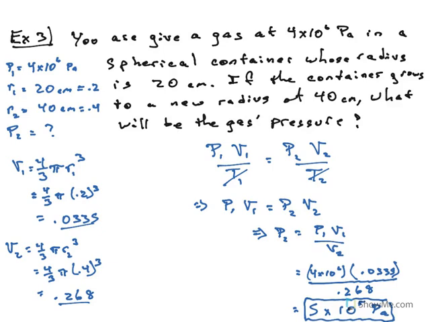So you can see all of these problems seem to be done the same way. You're given some information. We have a relationship between the three characteristics, P, V, and T. You read through the question, you write down the information given, and then you see, do I use the ideal gas law, which is, here is a gas in a certain state, tell me about one of the characteristics? Or do we use the relationship? Here's a gas, we change something about the gas, how does this other thing change?